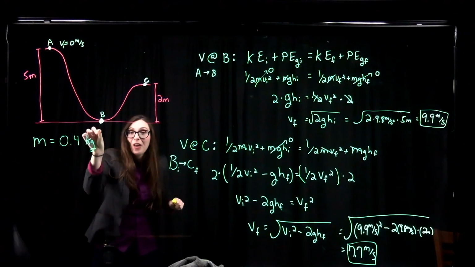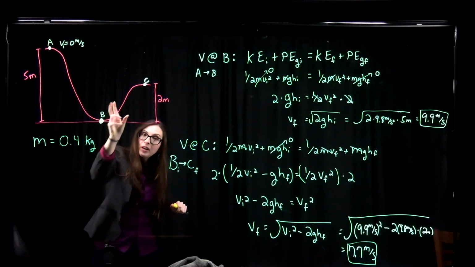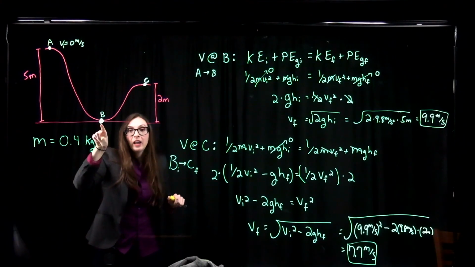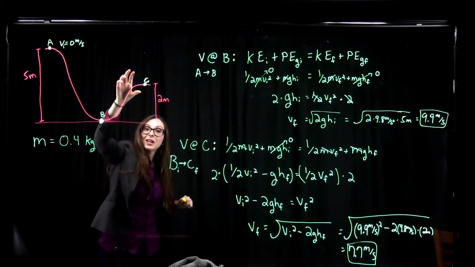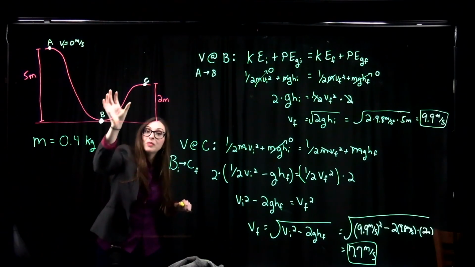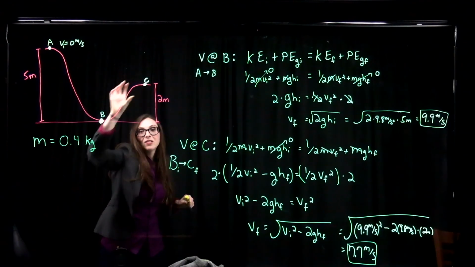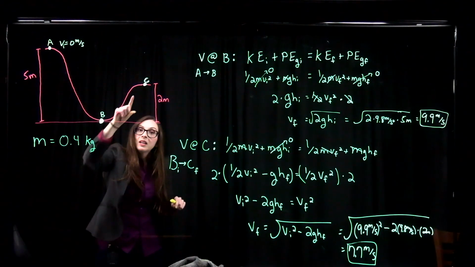That's why my velocity is so large at point B. And then I'm taking all that kinetic energy and converting it, and over here at point C, some of that kinetic energy, which was all kinetic energy at point B, goes to kinetic energy at point C, and some of it goes to gravitational potential energy at point C. That's why our velocity is greater down here at point B than it is up here at point C.